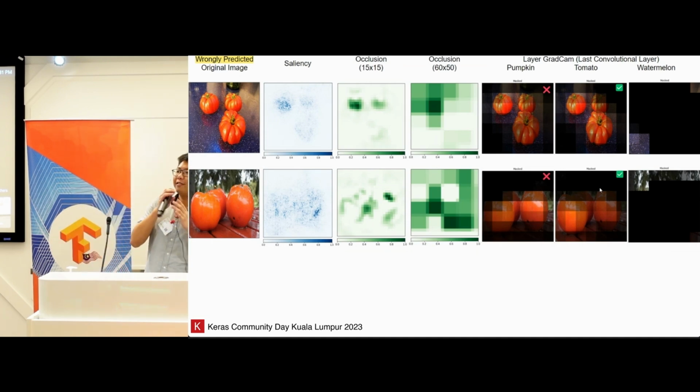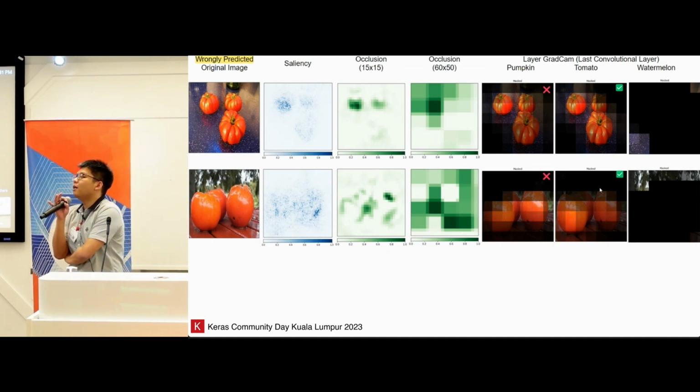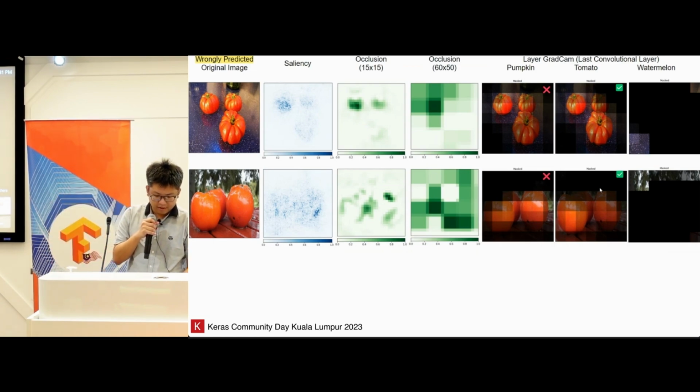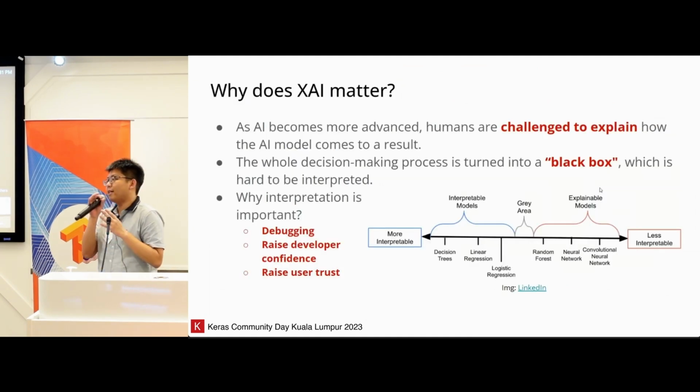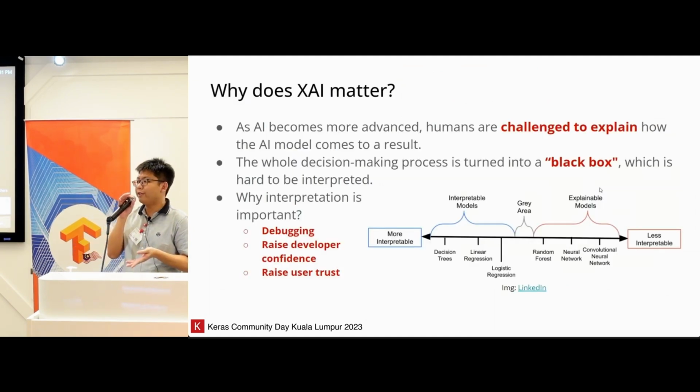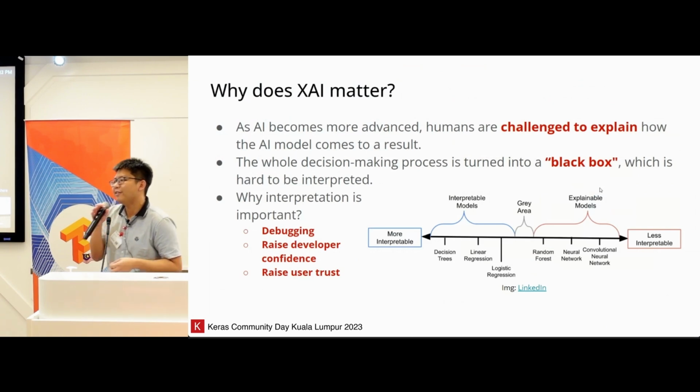Okay, what else? What else? You mean what is the difference between explainable and interpretable models, right? What type of methods we use?